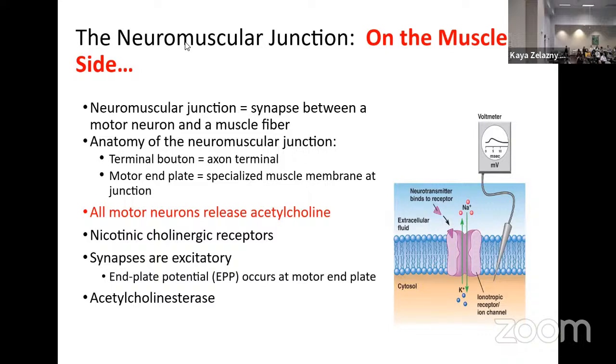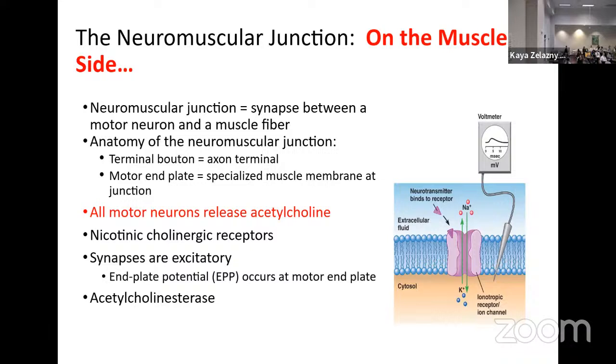So we're going to have some more specific terminology here as well. We're going to see a terminal bouton related to this on our full image of the neuromuscular junction. We'll see that in a second. And that motor end plate coming together. Basically, that's our combination that forms our new version of a synapse specialized in this neuromuscular junction form.